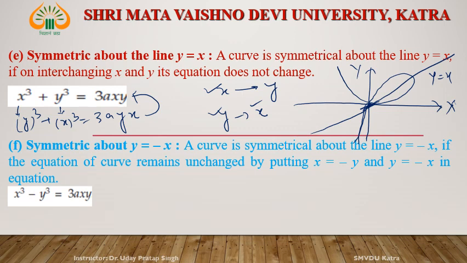Similarly, a curve symmetric about y is equal to minus x. If we replace x by minus y and y by minus x and the curve remains unchanged, then this curve is symmetric about y is equal to minus x. See the example.